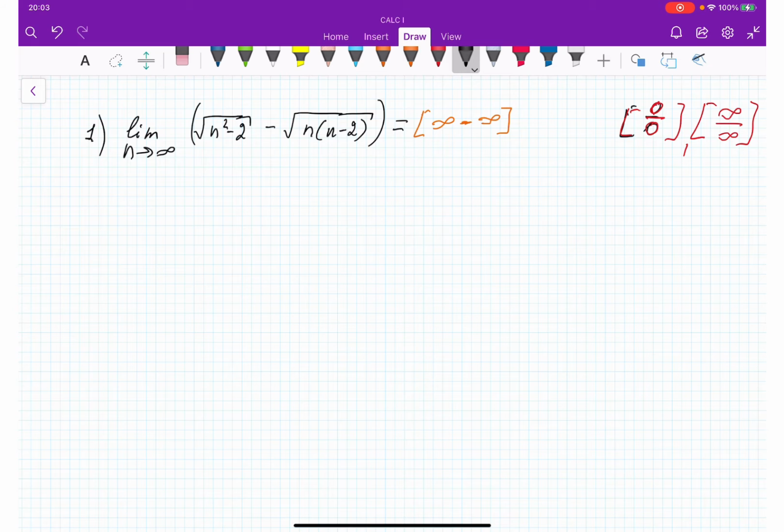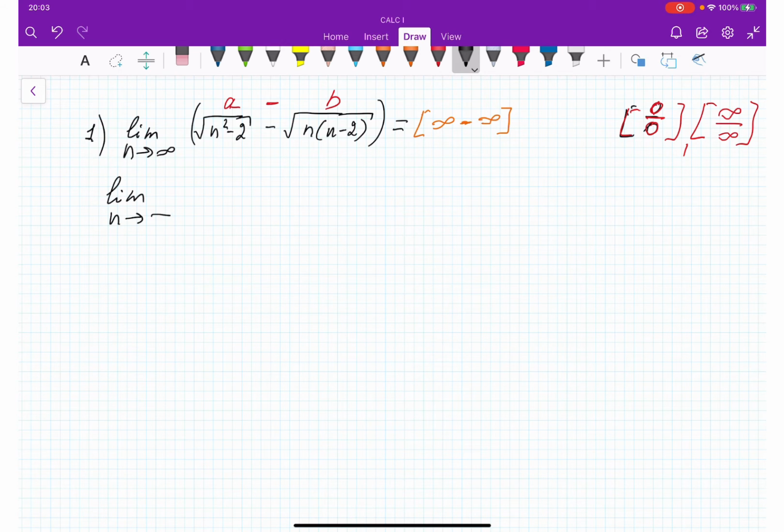So first of all, I want to rationalize and get rid of the square root. Let's say this first square root is a, this second square root is b, and I have a minus b. So I'm going to multiply a minus b by a plus b to use the formula a squared minus b squared. Let's do that.